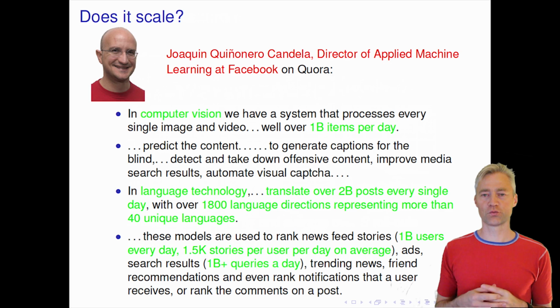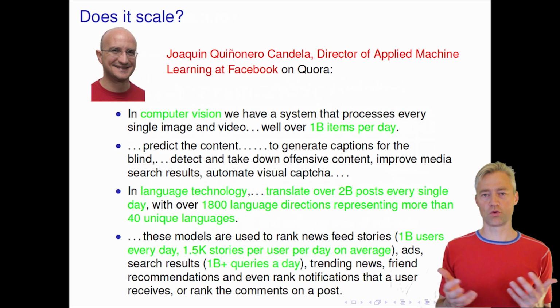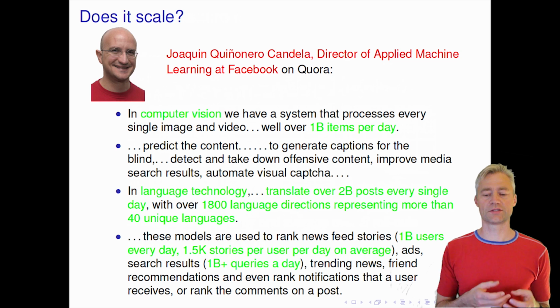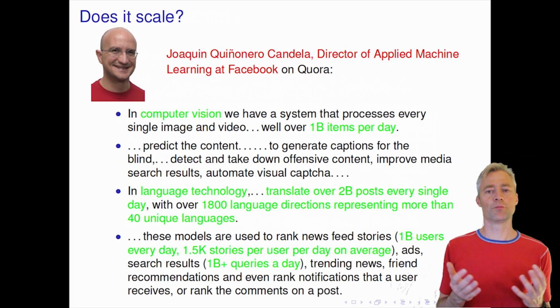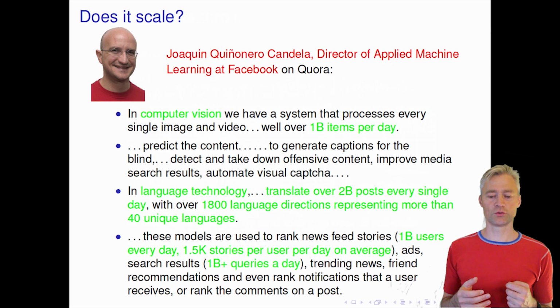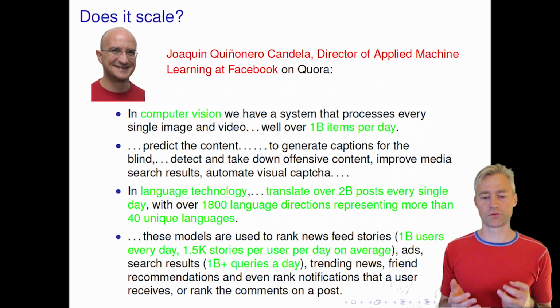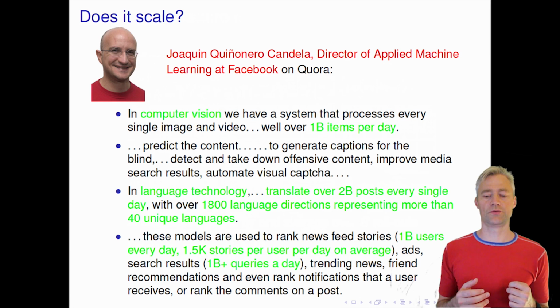And of course we know all about what Facebook is doing, but it's also interesting to get some numbers on how much they actually do every day. So in computer vision, for example, you heard a lot about their algorithms that censor nudity, and maybe sometimes censor some important historical photographs including nudity. But they have computer systems that classify 1 billion images per day.